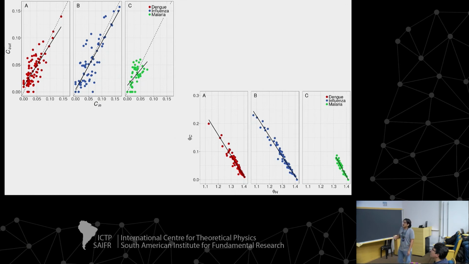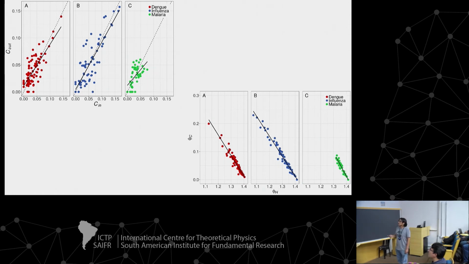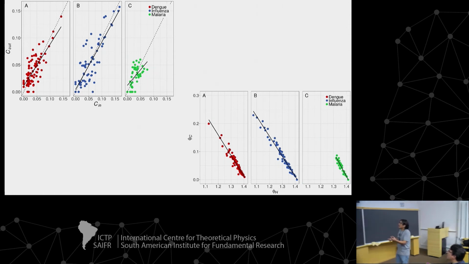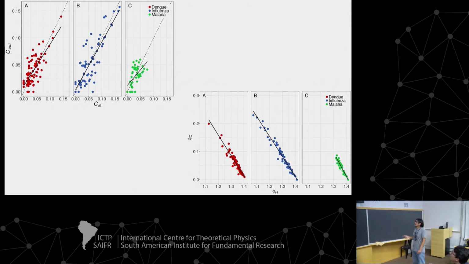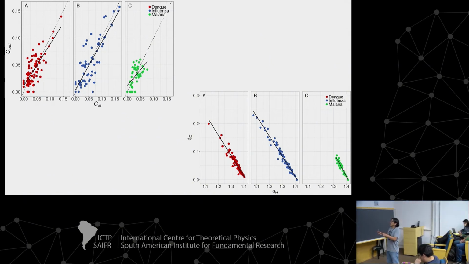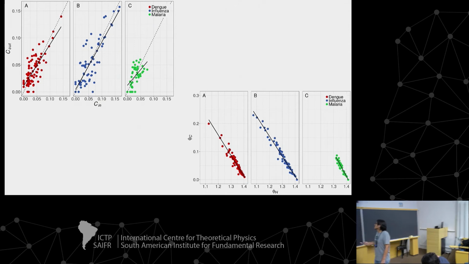Again, we can obtain the same qualitative results for the flux of the complexity and the flux of the entropy, but in this particular case with a negative correlation between these fluxes. Again, what we see is that the nodes that handle a lot of entropy generally handle very low amounts of complexity.